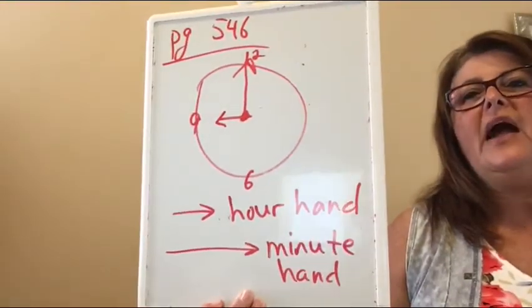So on number 1, on page 546, what time does the clock read? You're going to circle the hour hand on number 1.